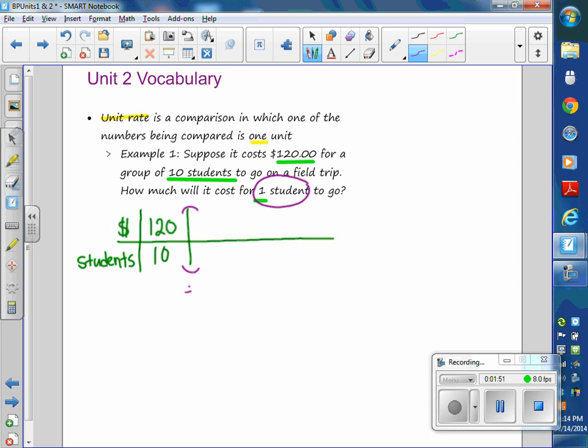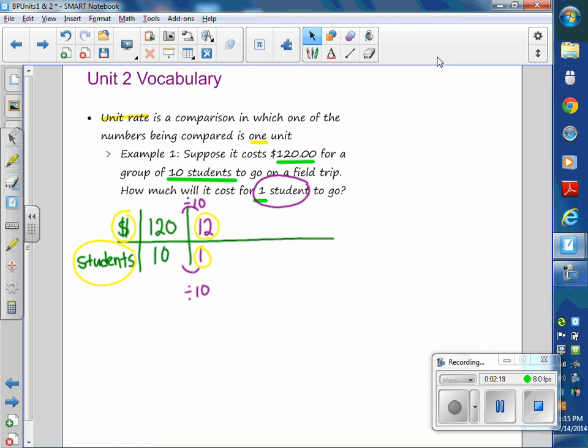So we could divide both parts of the ratio table, the top and bottom, by 10. 10 divided by 10 is 1. 120 divided by 10 is 12. So what that tells us is it costs $12 per one student. That's the unit rate.